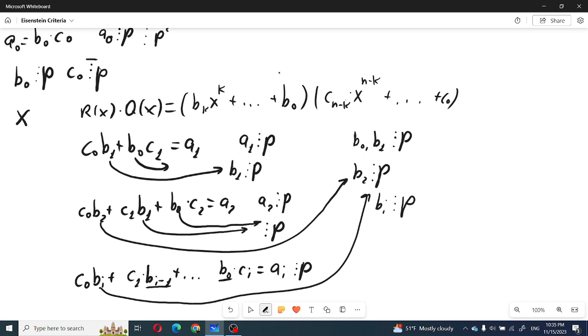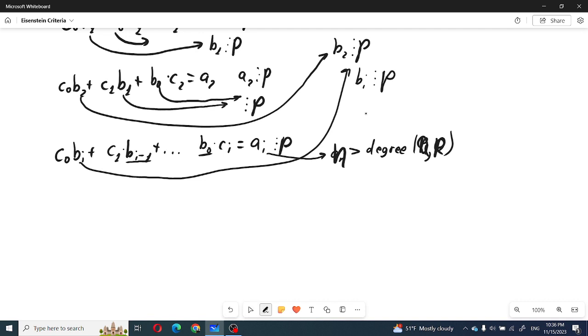Here I have used the fact that either q or r has degree more than 1. Otherwise, we may get a_n. The degree of p must be greater than or equal to the degree of both of these polynomials, q and r.